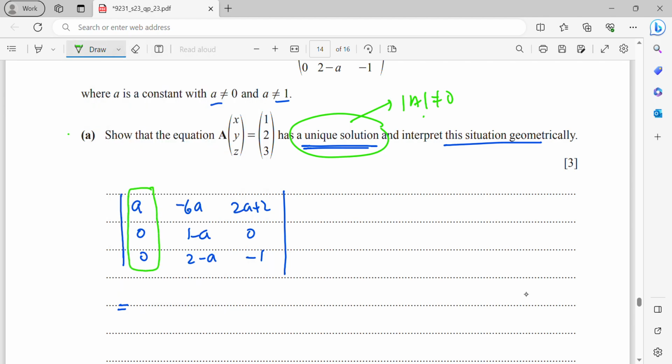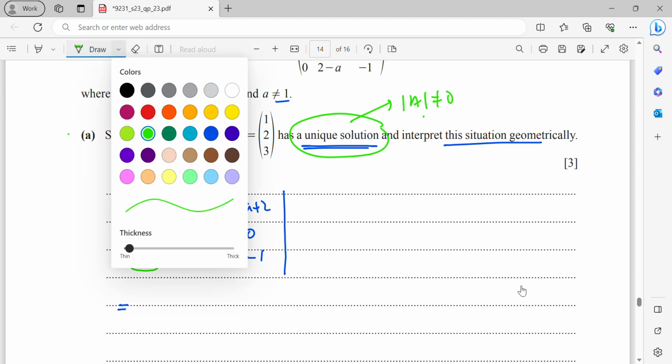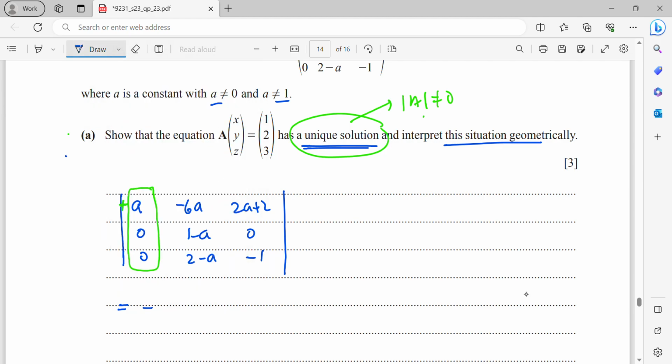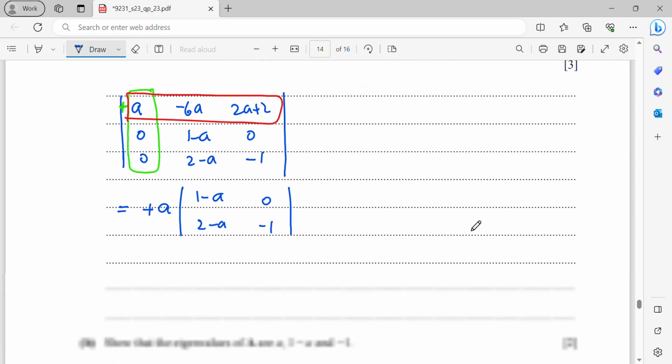When I fix the first column, the sign is plus for the a. I just need to count the a, that's it, because the other cross out will be zero. When I consider the first row, it will be the cross out of a, that's why plus a, with the remaining 4 elements. So I just need to count this determinant.